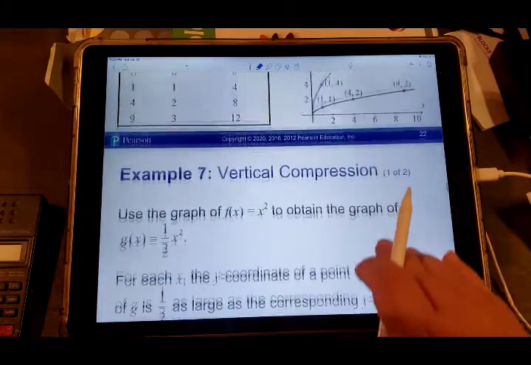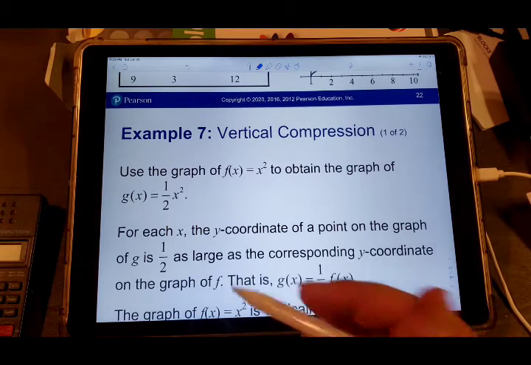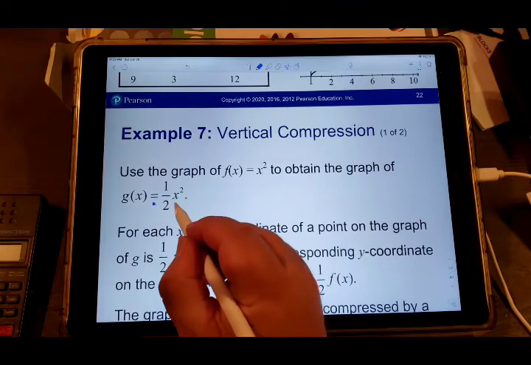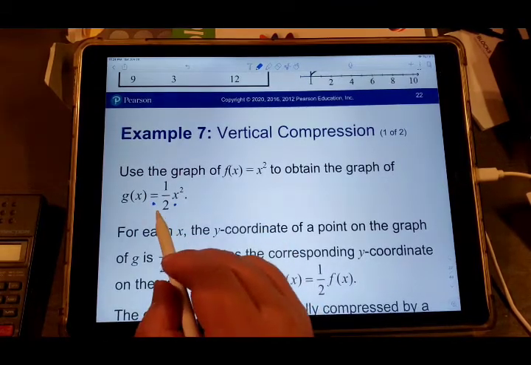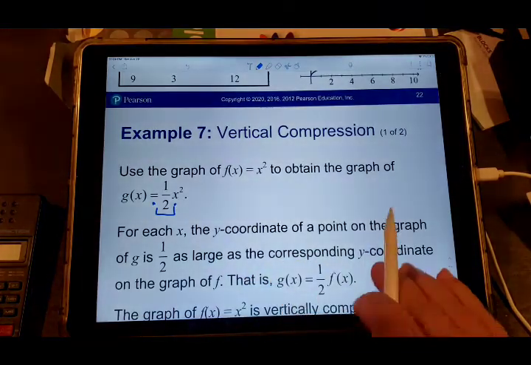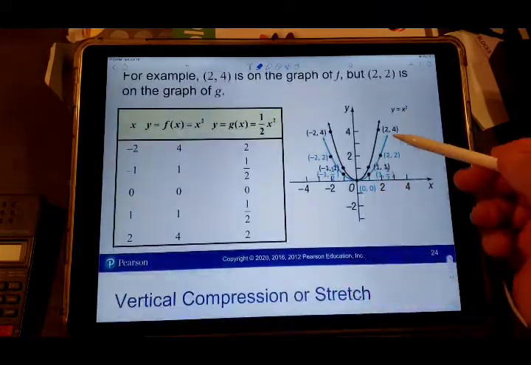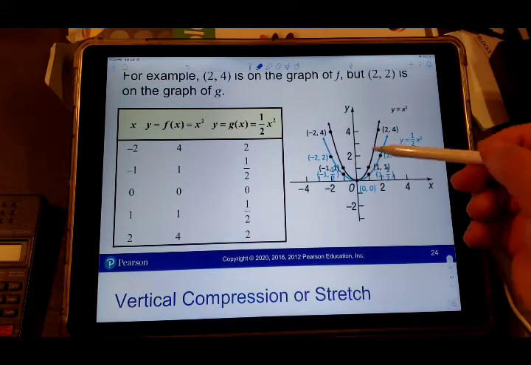All right, a vertical compression is when you multiply by a fraction, or you could say divide, right? But between the equal sign and whatever the base function is, this would be the compression vertically. And this is what a compressed graph looks like, the original graph.